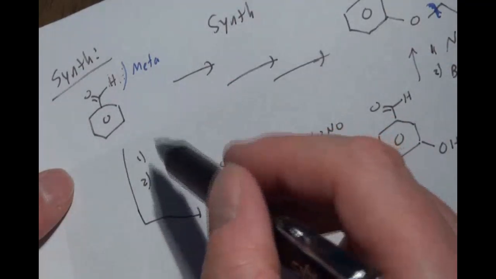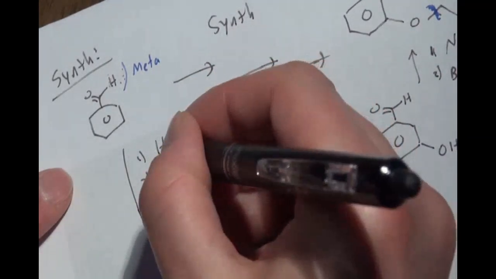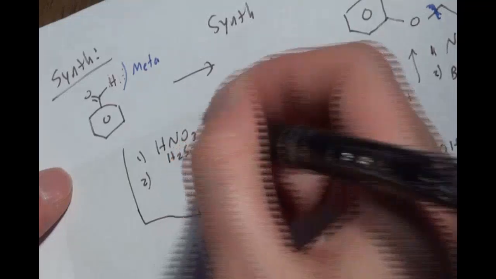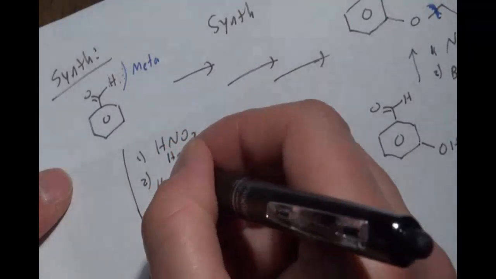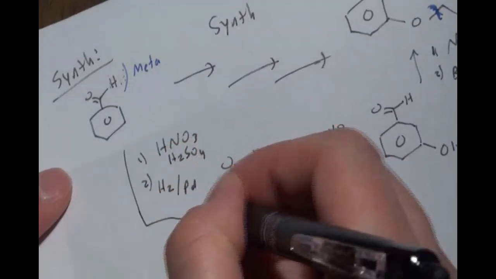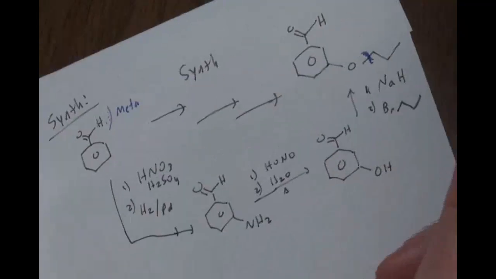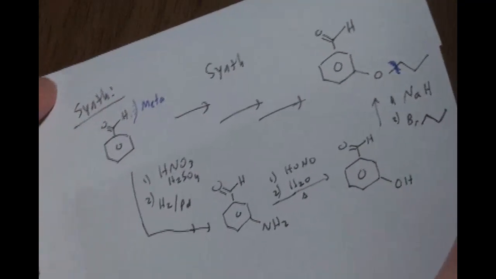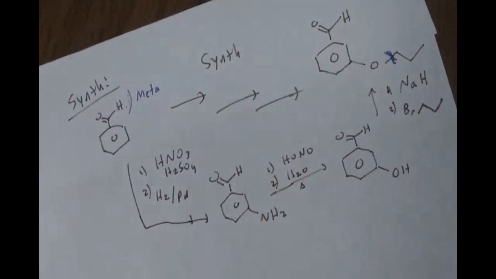Meta nitration, because that's a meta director. HNO3, H2SO4, and then we make a nitro. And how do we reduce the nitro? H2, palladium. Yeah, okay, so that was a nice multi-step synthesis to make this sort of meta substituted ether derivative, right?